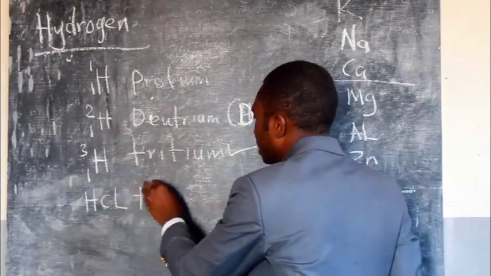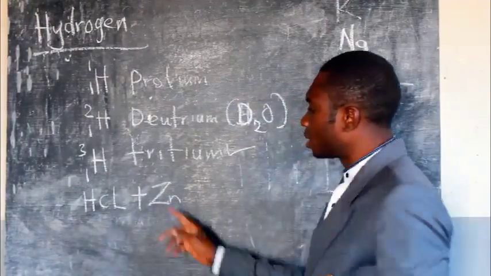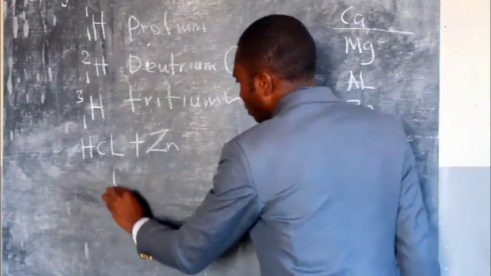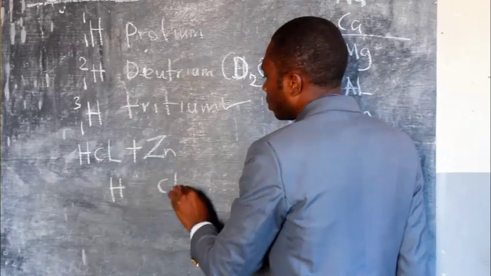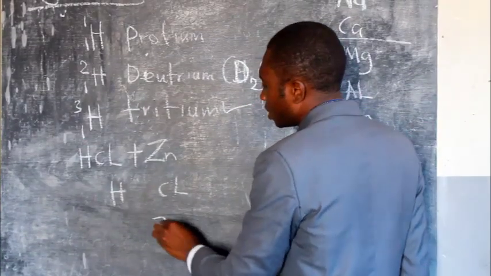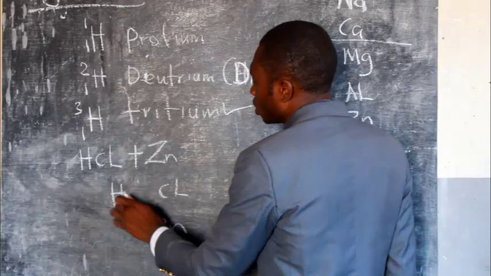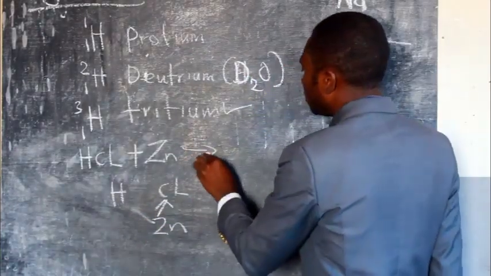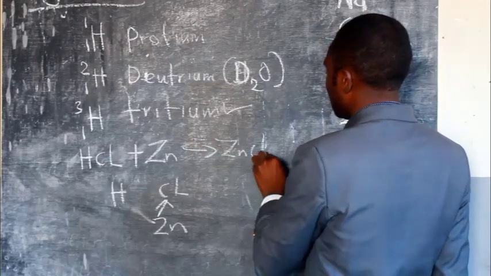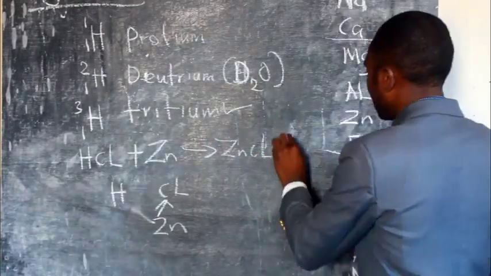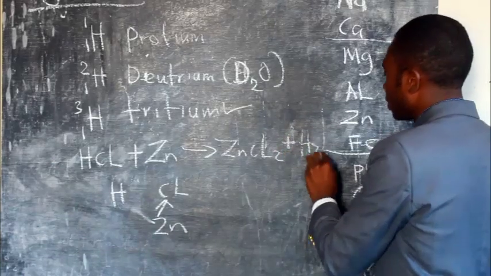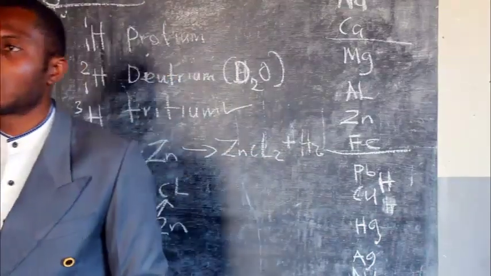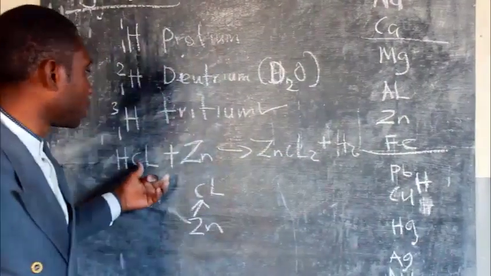For instance, zinc reacting with hydrochloric acid will displace the hydrogen and form zinc chloride, and hydrogen gas will be displaced. So you can form hydrogen by displacement of hydrogen from an acid.